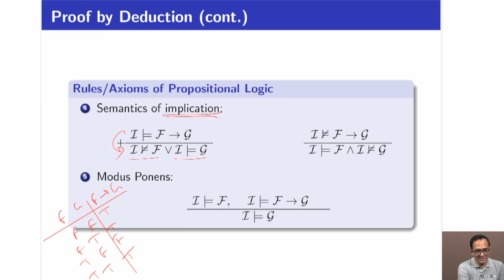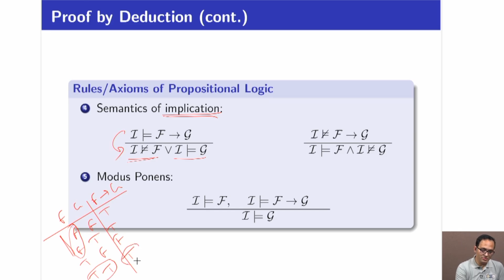So, now if it is satisfying f implies g, it means either I does not satisfy f, this is the scenario, or this is the case where basically I satisfies g, right.